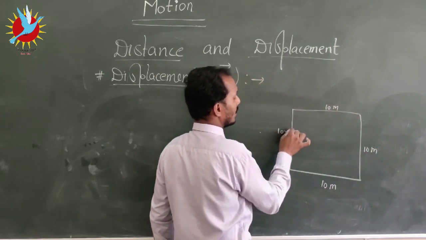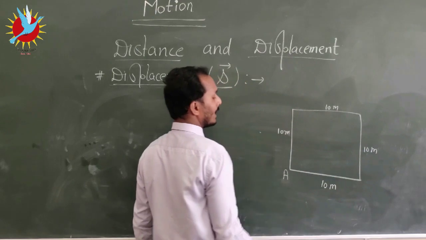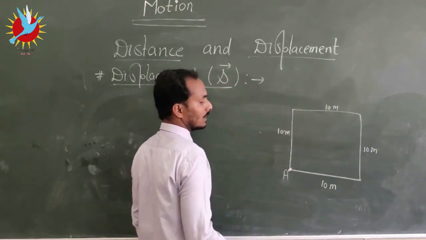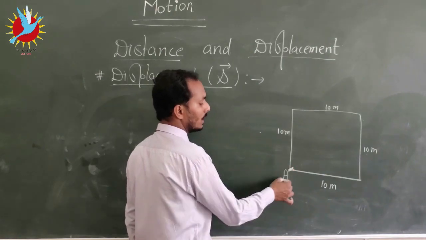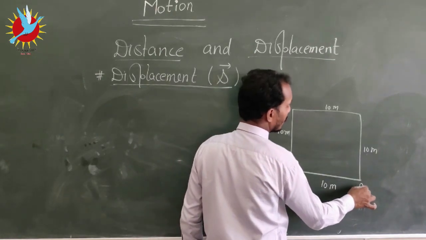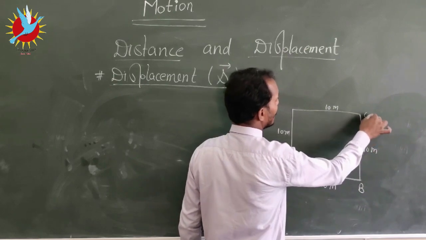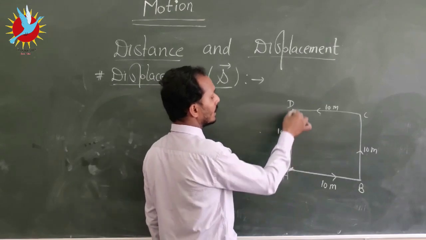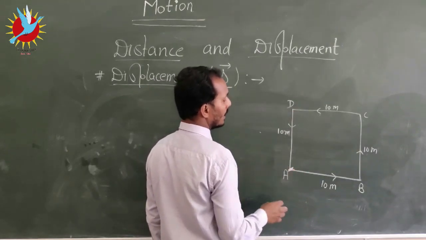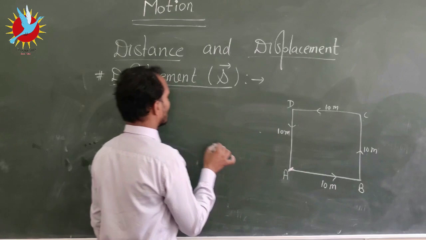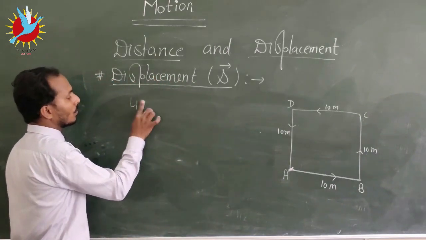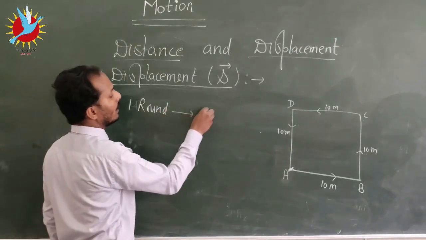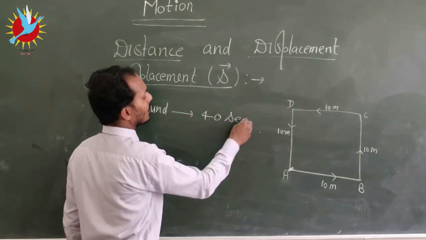He starts his journey from position A, then goes to B, B to C, C to D, and again to A. It means he covers one round.